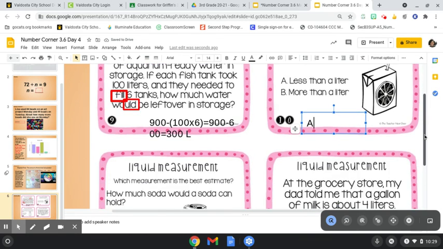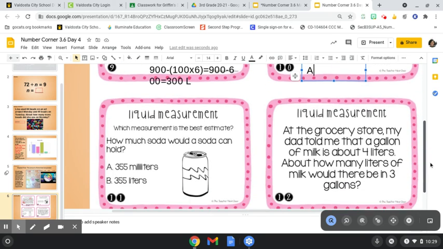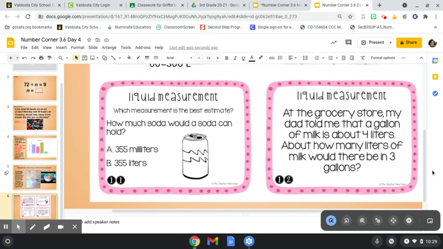And then this one, which measurement is the best estimate? How much soda would a soda can hold? Okay. That would be 355 milliliters. Okay, remember milliliters are smaller than liters.